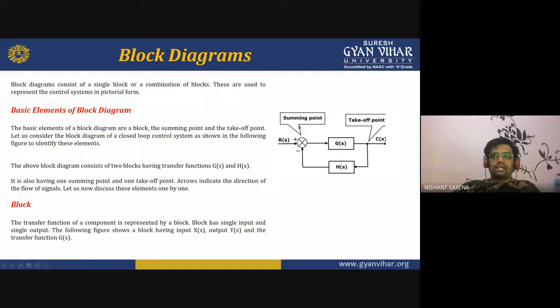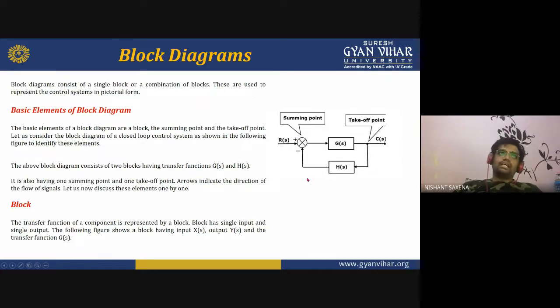So we have discussed that this is a closed loop control system in which we have one input as R(s), C(s) as the output, G(s) as the plant equation, and H(s) as the feedback block. Therefore the block diagram consists of a single block or a combination of blocks, as we have seen in this one. They are used to represent the control system in a pictorial form.